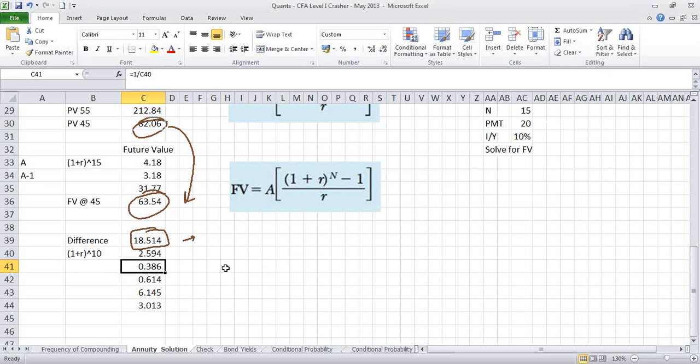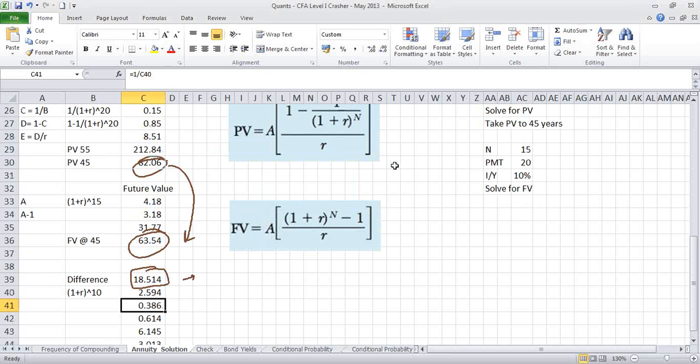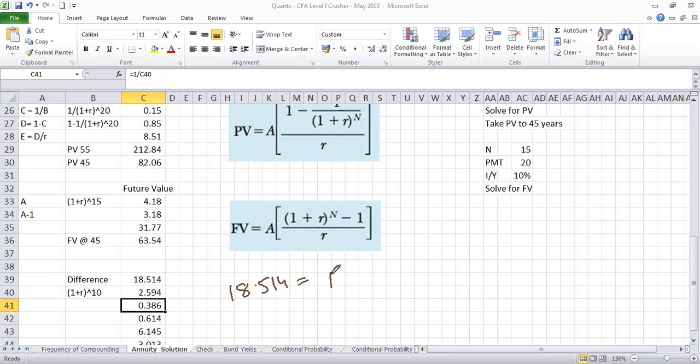Now we need to solve for the present value formula once again, which is given here. We have the present value now, which is 18.51 million. So what we have here is an equation that can be solved: 18.514 equals annuity into 1 minus 1 plus 10% to the power 10, divided by 10%.